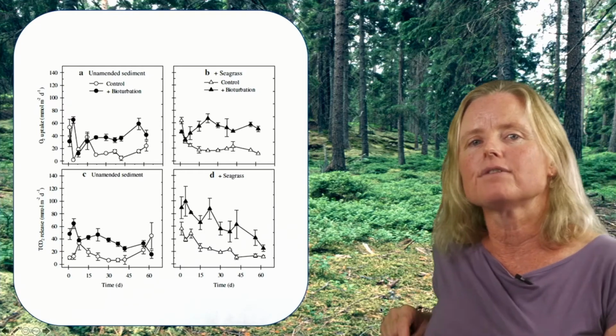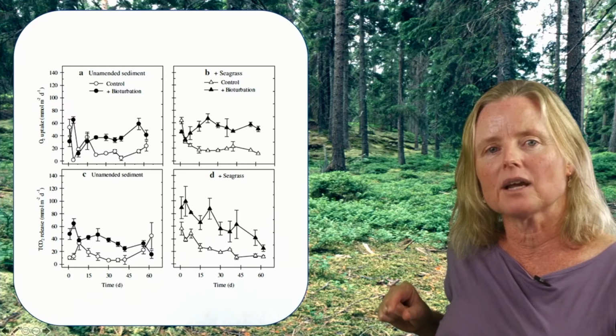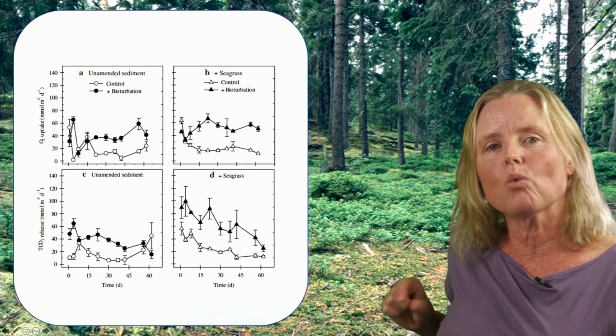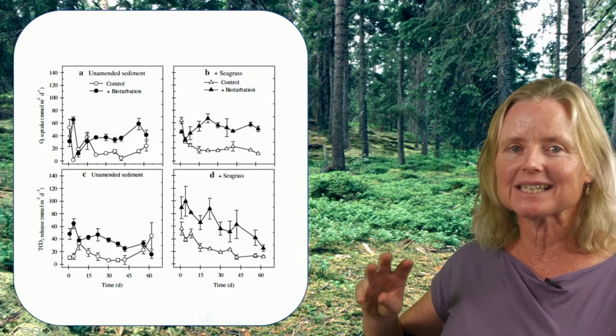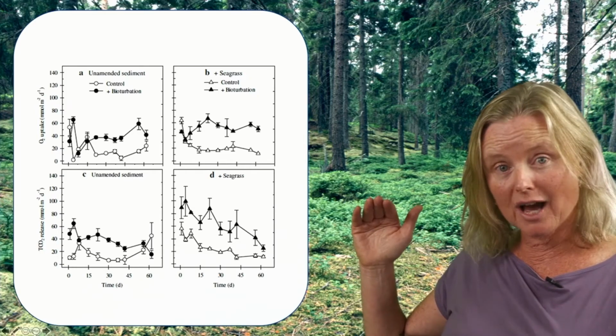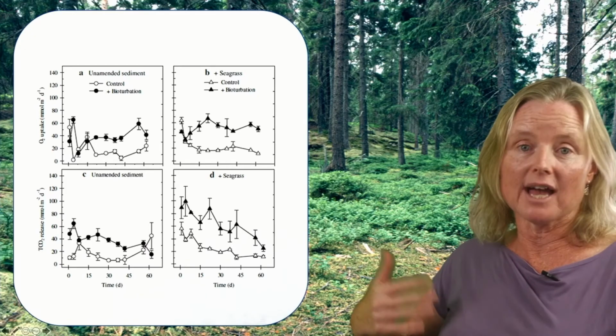For each graph, you can see measurements for the treatments with the addition of the bioturbator in black and without in white labels. What I hope you have noticed is that there was a consistently higher amount of both oxygen uptake and carbon dioxide release from sediments that were bioturbated.